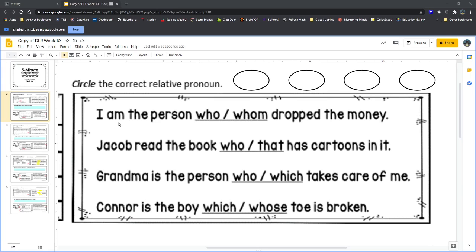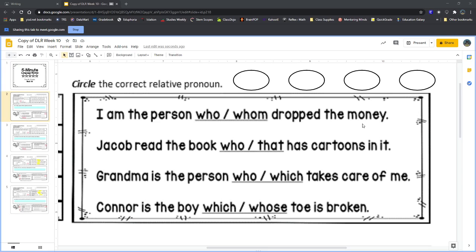Okay. The first sentence says, I am the person blank dropped the money. So it's either I am the person who dropped the money or I am the person whom dropped the money. Who wants to take a guess? I know it's Monday, it's the first time we're seeing this, but who wants to take a guess which one it might be?